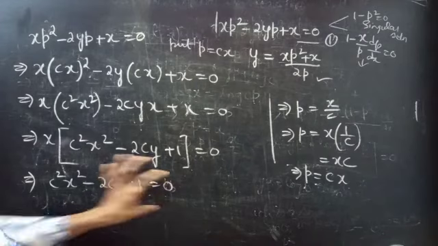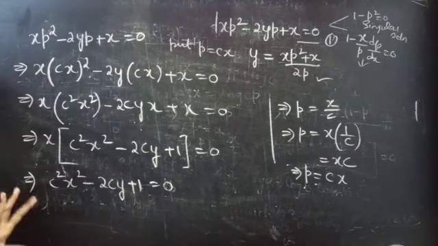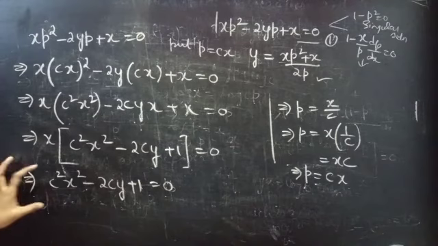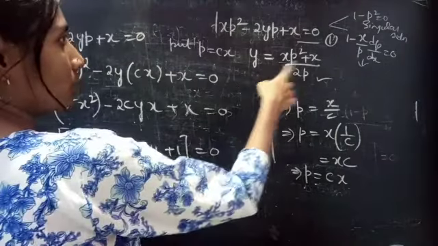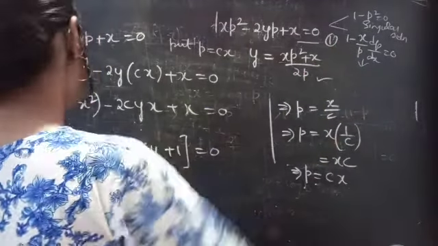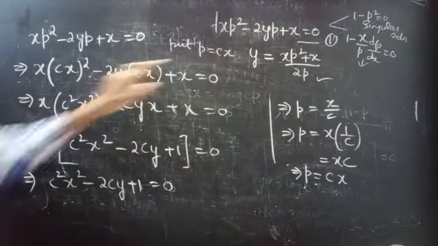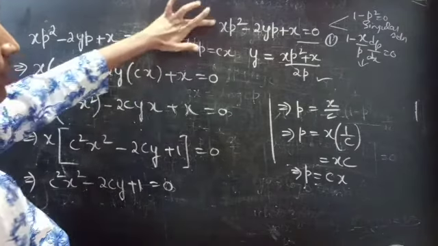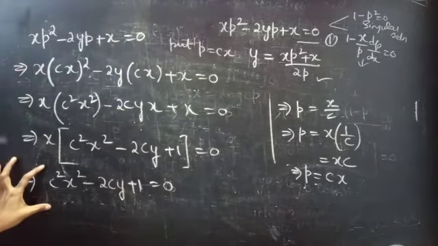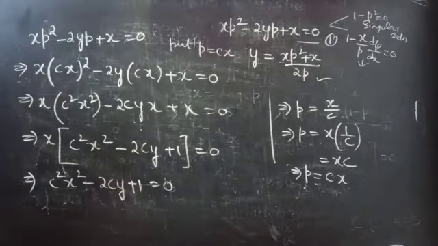See, this solution contains the arbitrary constant c, and it is obtained from the general solution. So the solution is given by the second equation, not the first. So this is the required solution of the given differential equation. This is a general solution to the given differential equation.